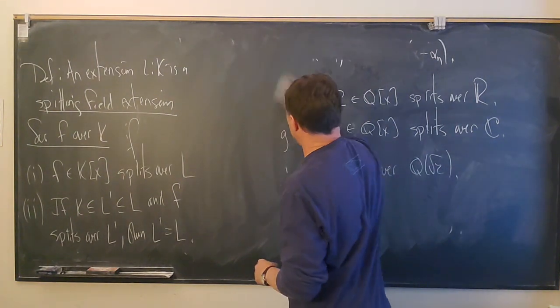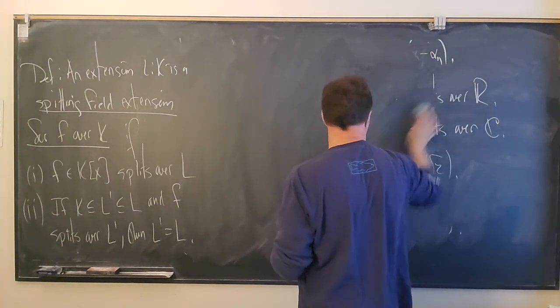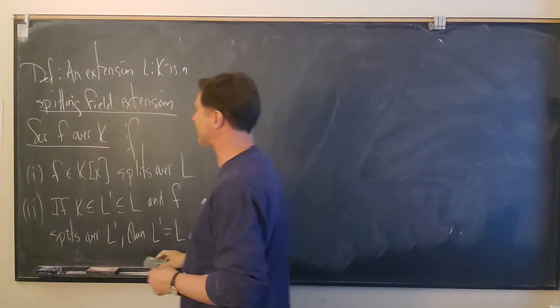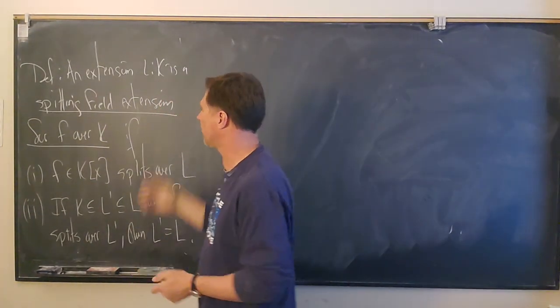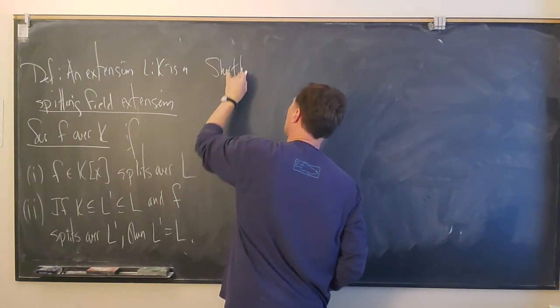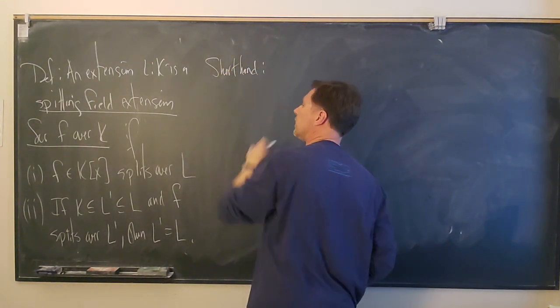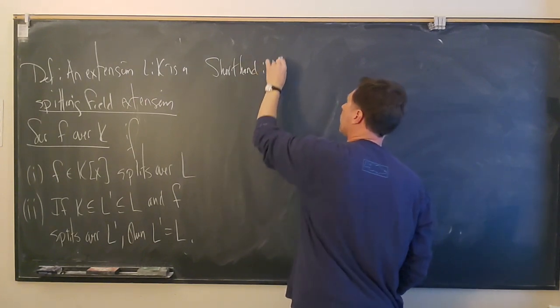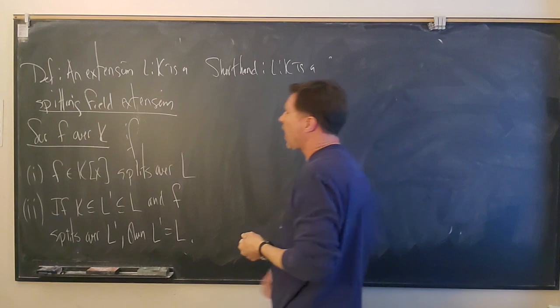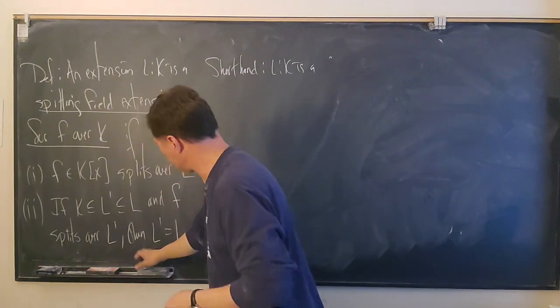Okay, so that's the definition, and maybe just one note. I usually will shorthand this and not say the words splitting field extension. In fact, usually I won't even write the extension part.